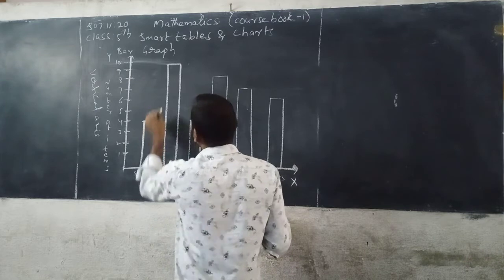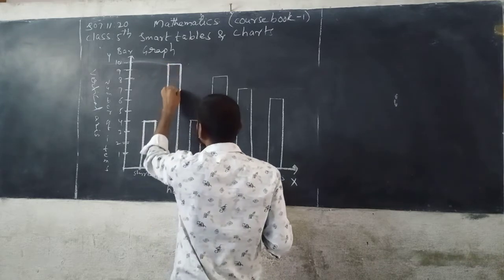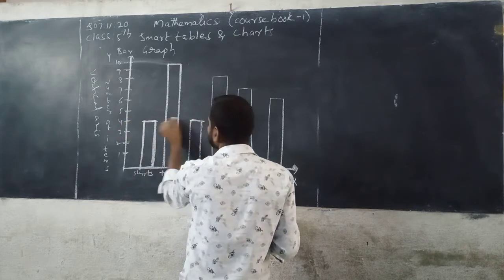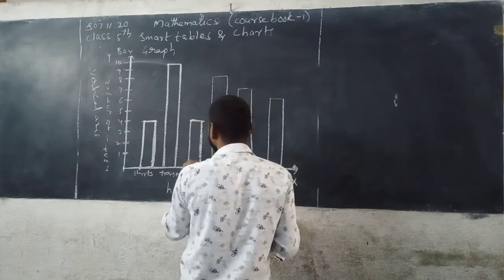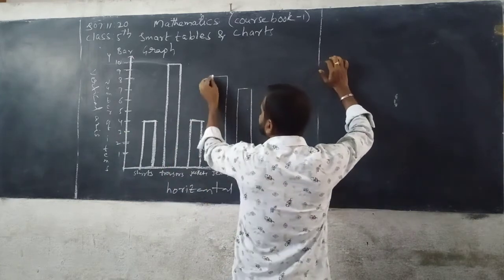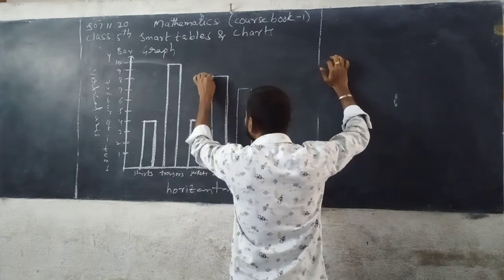Now next, trousers. How many trousers were sold? Here 10 trousers. See here, 10. Next, jackets 4. Now next, jeans, this is equal to 8. 8 jeans.